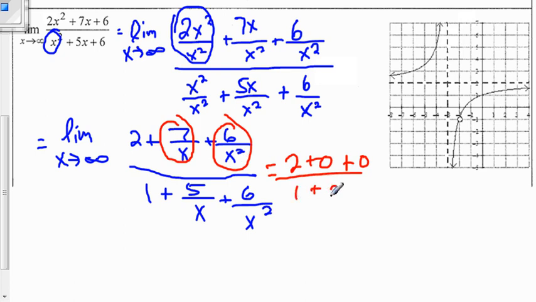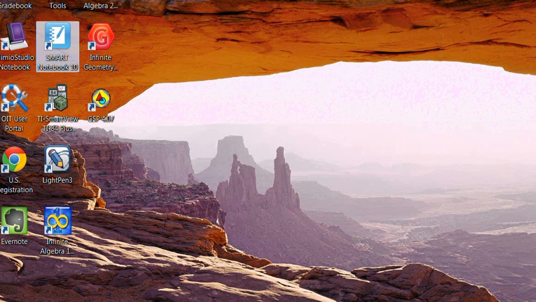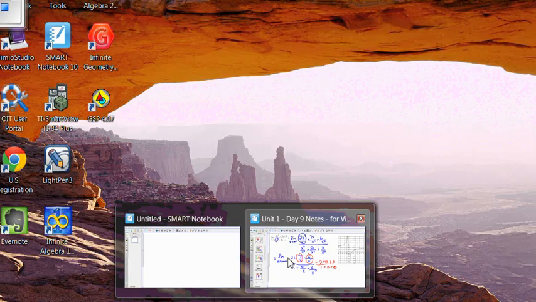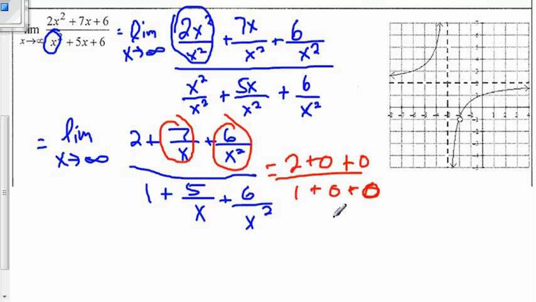So 1 plus 0 plus 0, and that's going to be equal to 2 over 1. So we just found the horizontal asymptote is equal to 2.